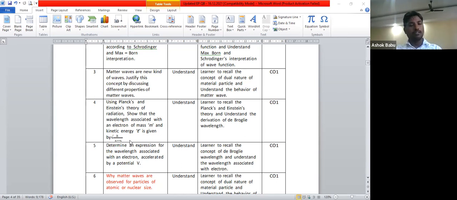We know the values of the mass of the electron and the charge of the electron, so by substituting them along with the Planck constant value, we simplify the equation. Then the equation for lambda in terms of potential in the case of an electron is 12.26 angstroms by root V. That is also a small answer. So the fifth one: lambda equals 12.26 angstroms by root V.